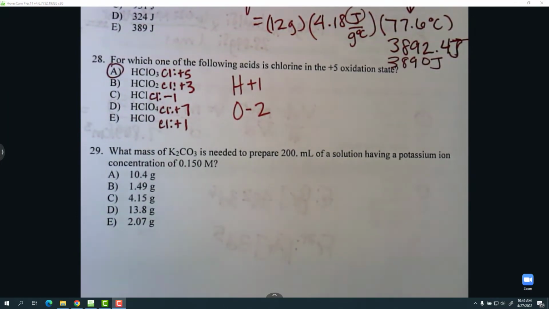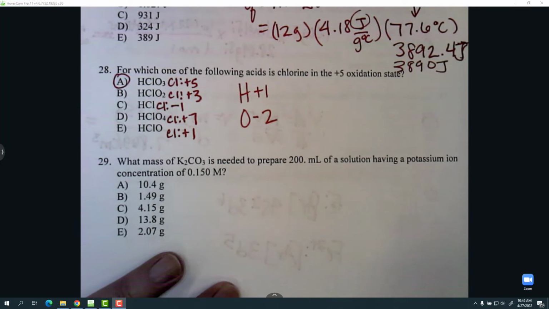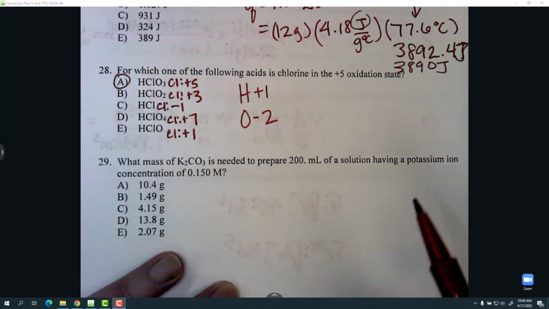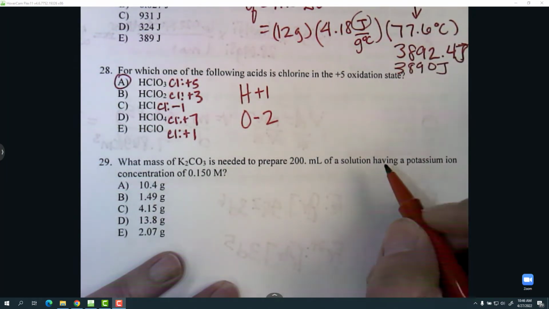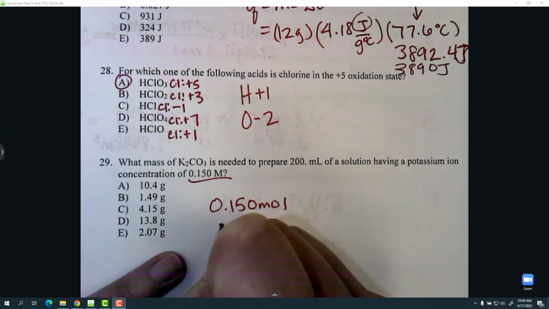All right, what mass is needed to prepare 200 milliliters of a solution having a potassium ion concentration of 0.150 molar? All right, there are a few things involved here. One is I can figure out how many moles of potassium carbonate will be in here. So let me just worry about the moles part first. Remember, this is 0.150 moles per liter.